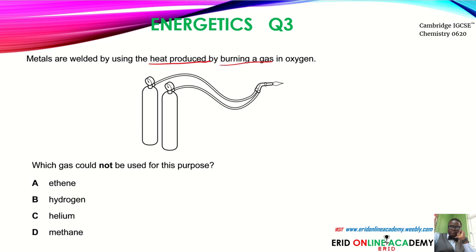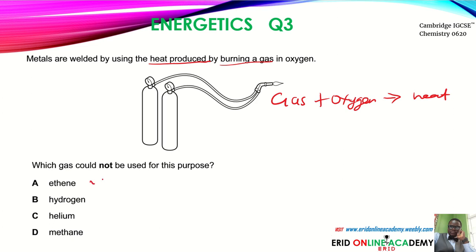So when you burn a gas in oxygen, whatever the gas is, the gas plus oxygen is going to burn to produce heat energy. And of course in the production of heat energy, other gases could be formed. So they are saying here, which of these does not require oxygen for its burning, for its combustion?